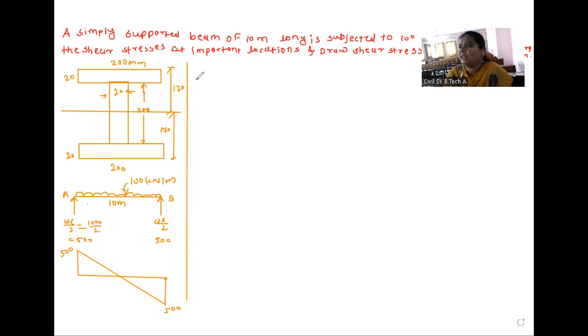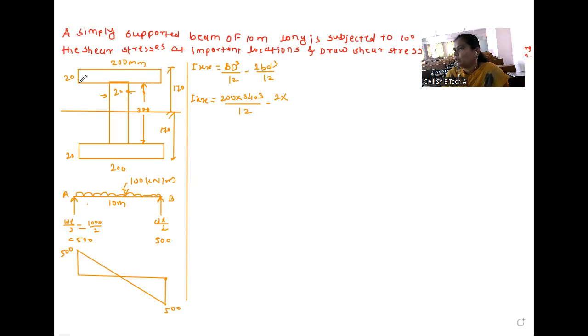Okay. So first we will calculate Ixx, the moment of inertia about the x axis. First we will consider this as a whole rectangle, and after that we will subtract this portion and this portion. So Ixx equals capital B D cube divided by 12 minus 2 into small b d cube divided by 12. Capital B is 200 into capital depth 340, so 340 cube divided by 12, minus 2 into small b.